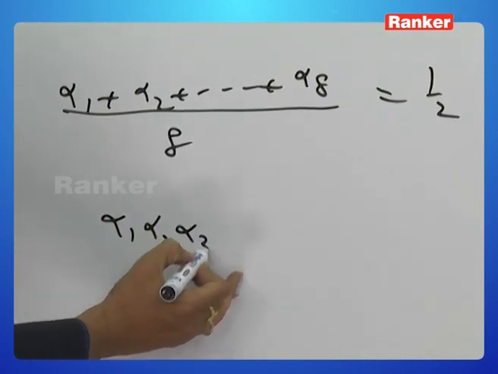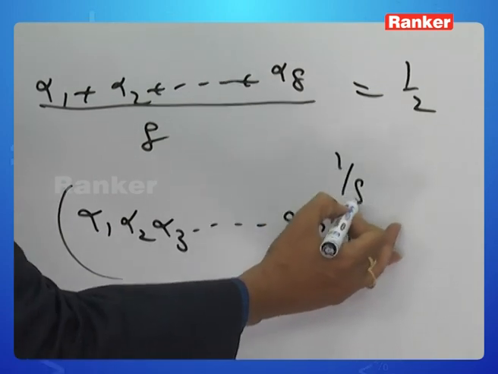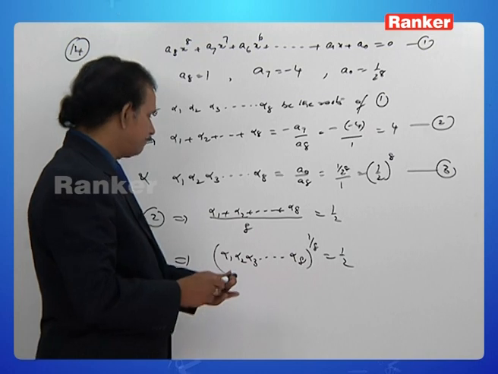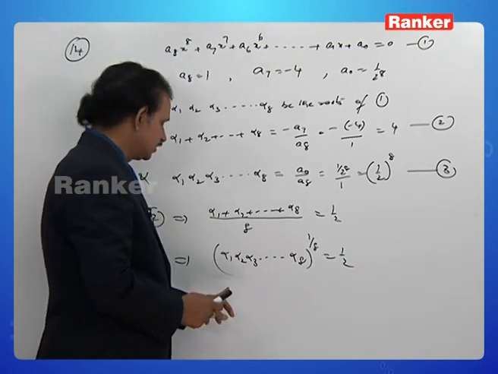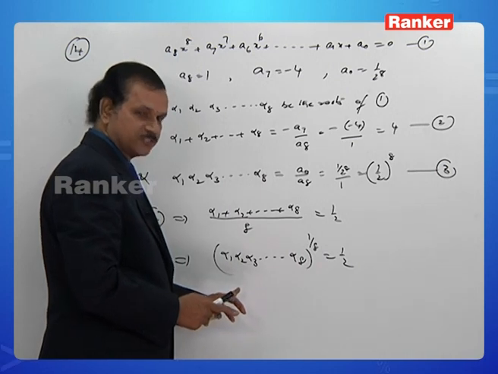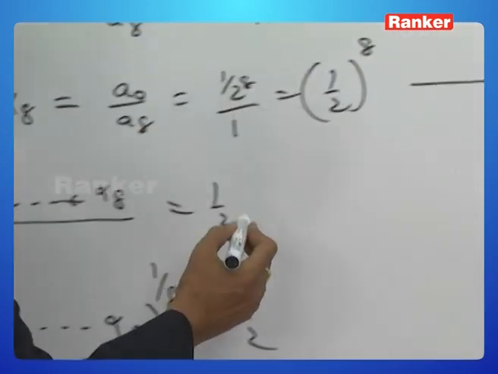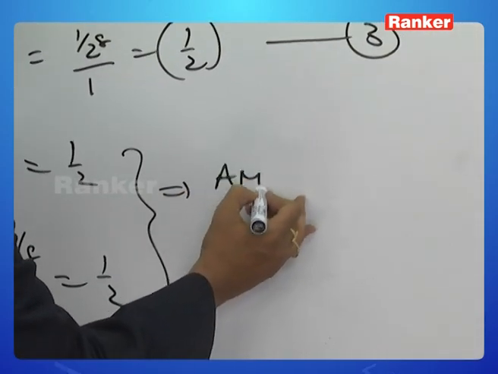Alpha 1 into alpha 2 into etc. alpha 8, whole to the power of 1 by 8, is again half. Please observe carefully. This is the AM of the roots. This is the GM of the roots. Both are equal. So these two say that AM is equal to GM.